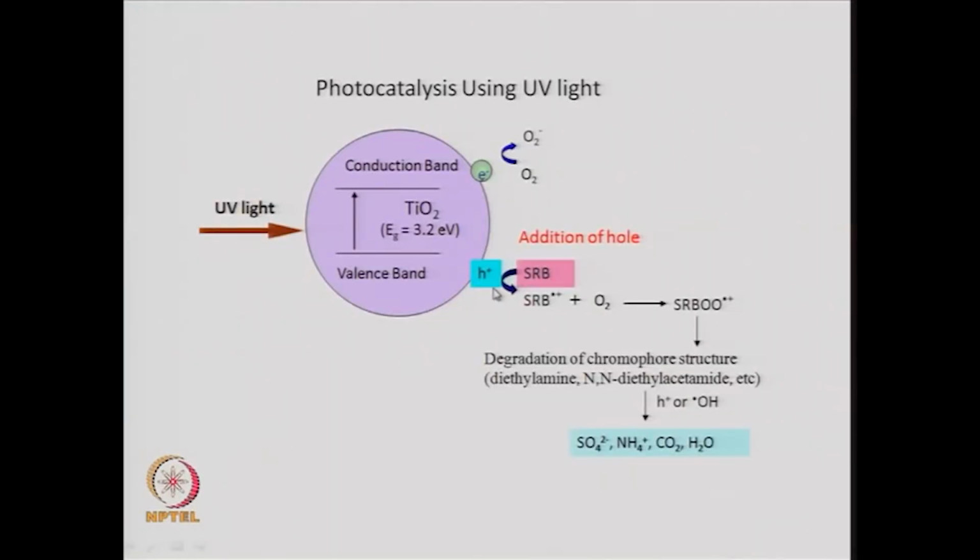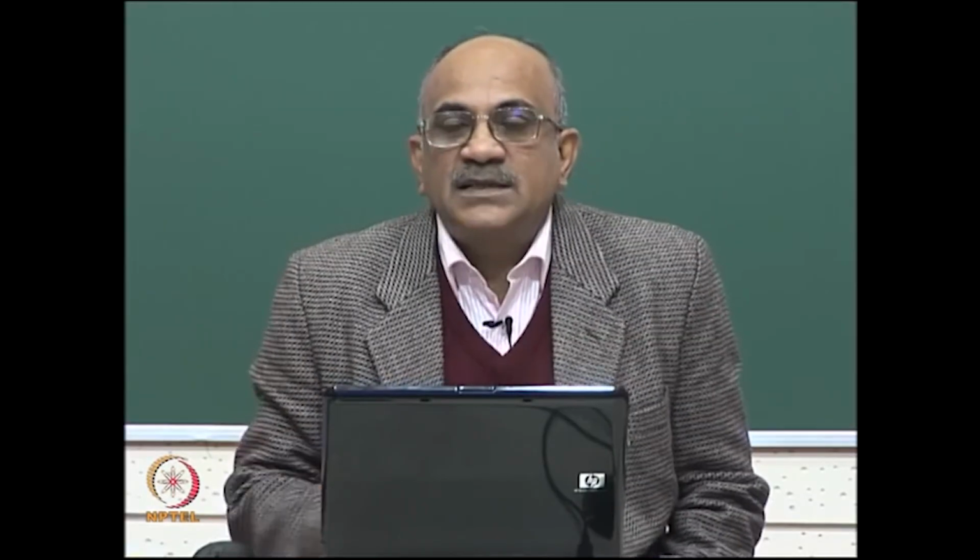The degradation happens due to loss of electrons in one case, whereas in the other case it is addition of holes, but both cases lead to the radical cation of sulforhodamine B and then further degradation in the presence of oxygen.